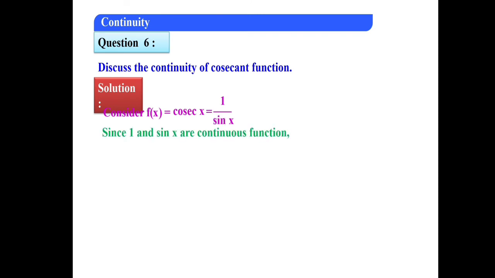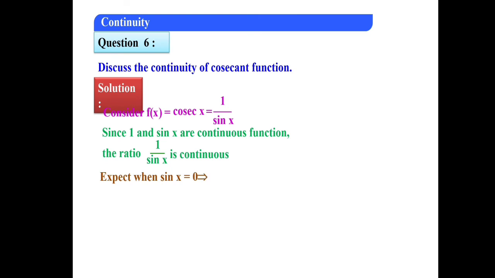Since 1 and sin x are continuous functions, by the property 1 upon sin x is continuous, but sin x should not be 0, therefore except when sin x is 0.